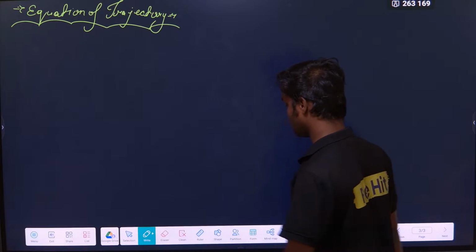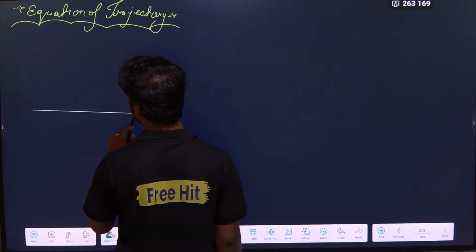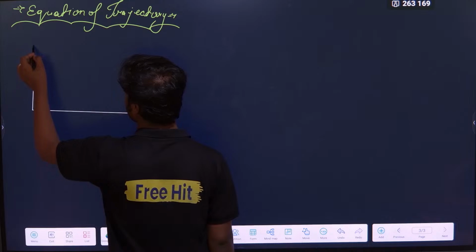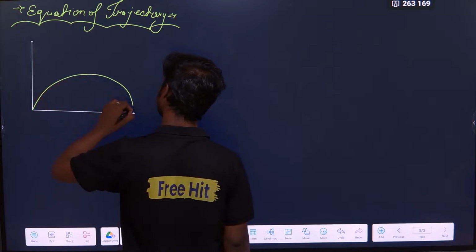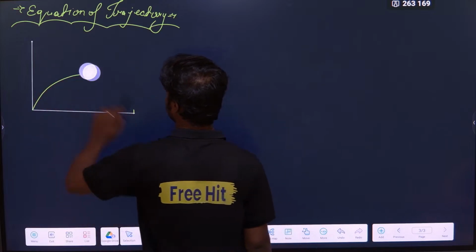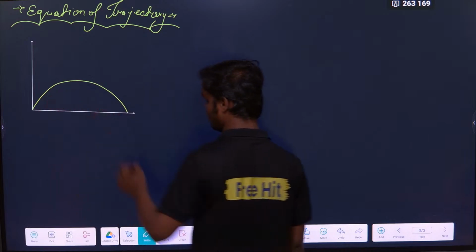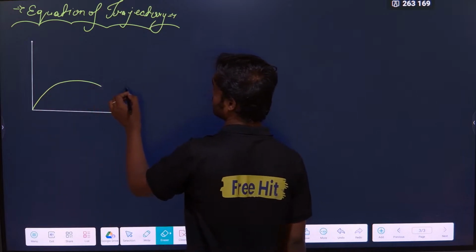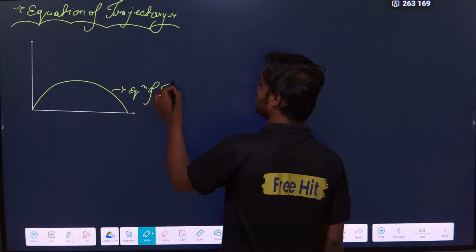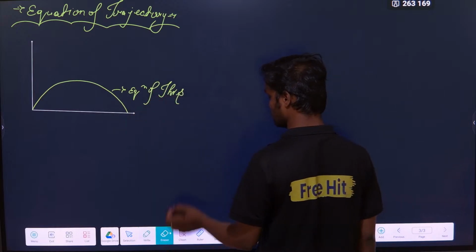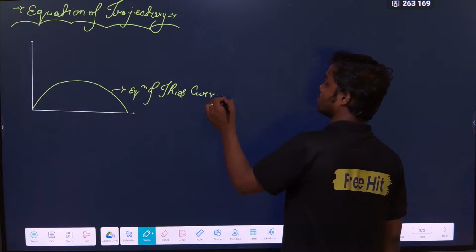Equation of trajectory simply means that I want to write the equation for this curve.